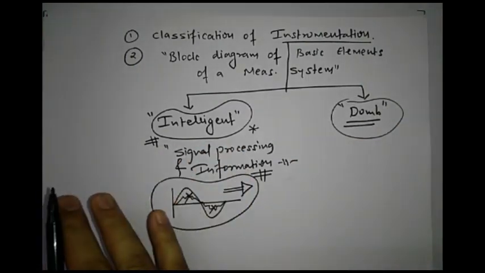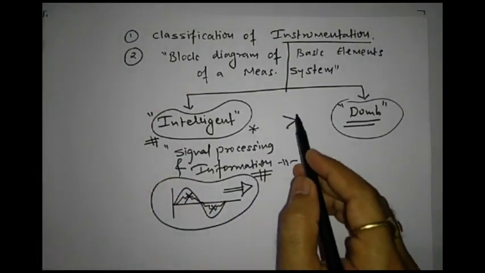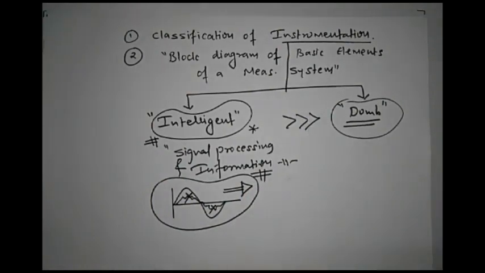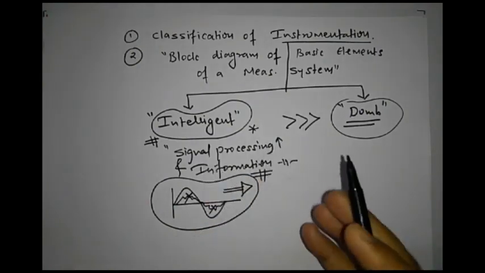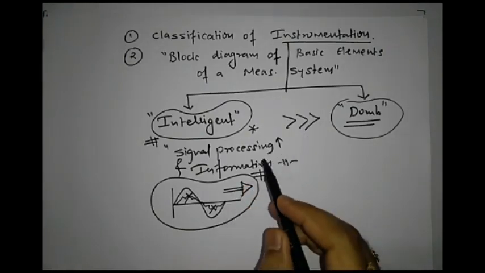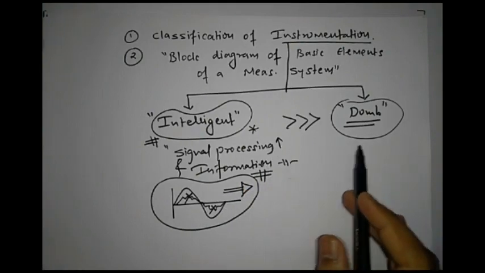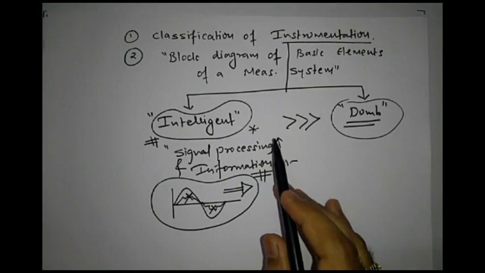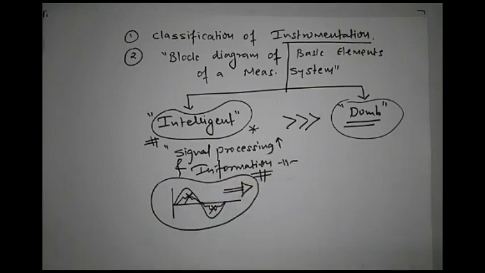If you compare the work efficiency, intelligent instrumentation systems are much better as compared to dumb type instrumentation systems. Their speed of operation is high, no doubt, because these types of systems require a lot of equipment in them. Therefore their cost is much higher as compared to dumb type instrumentation systems, but at the same time their work efficiency is also very good. So this is about the classification of instrumentation systems.